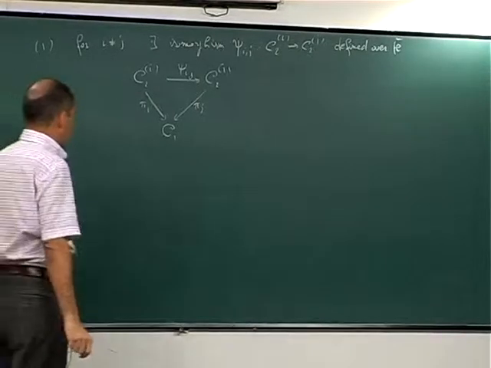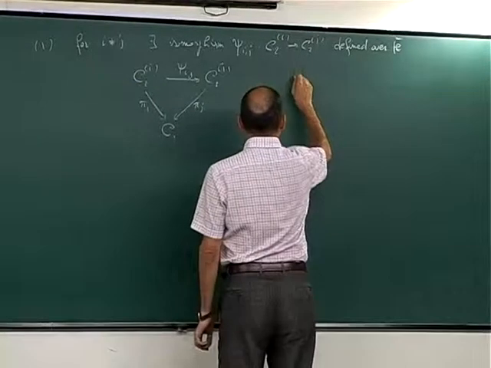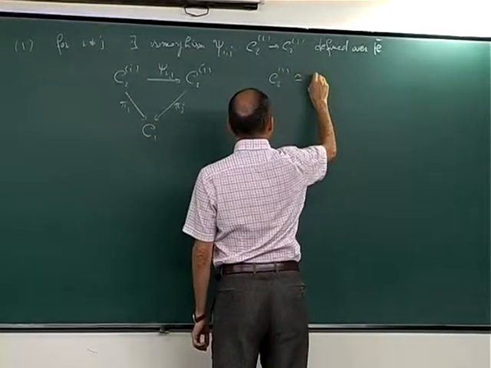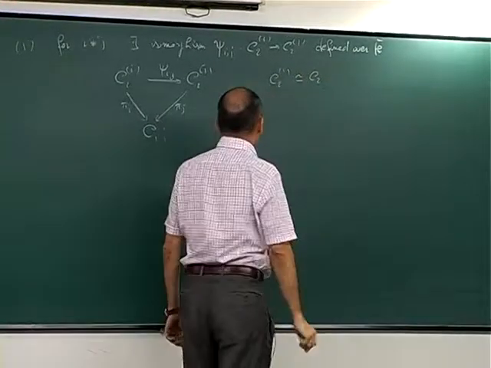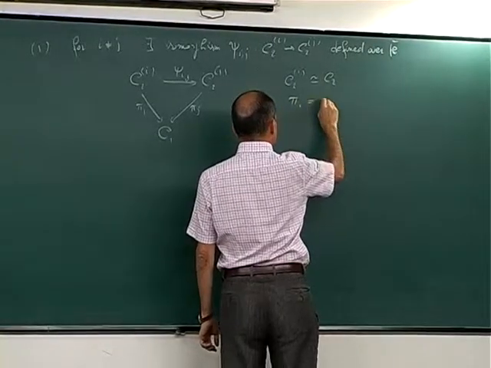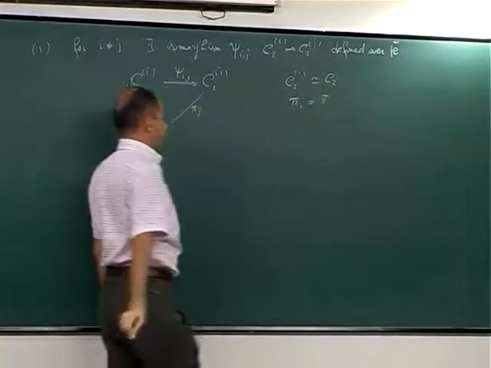And moreover, C2,1 is isomorphic to C2, and phi_1 is equal to phi.